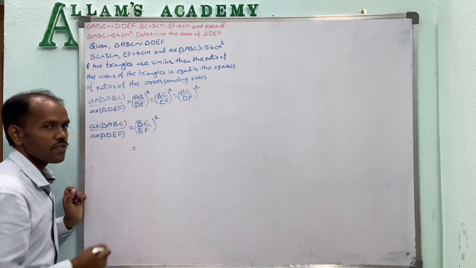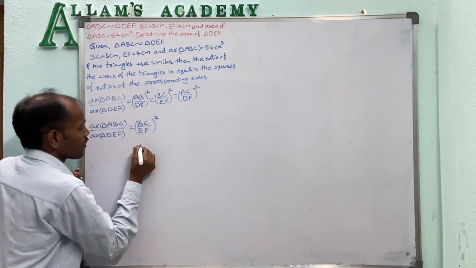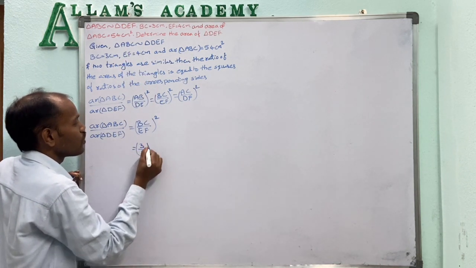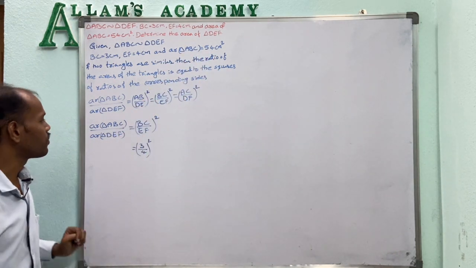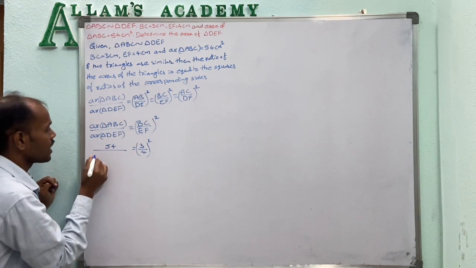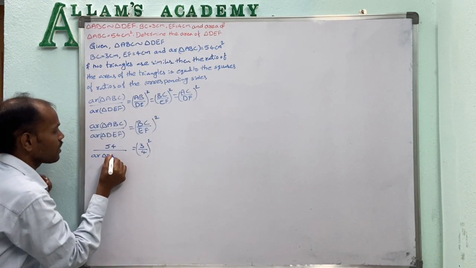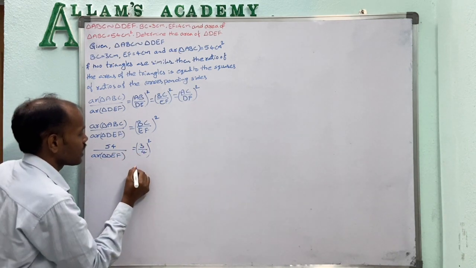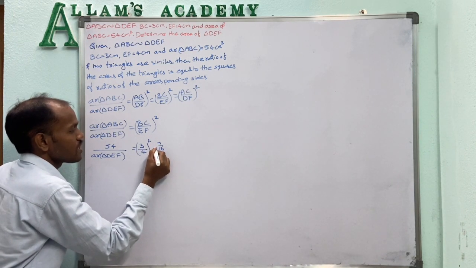Now substituting the given values: BC is 3 and EF is 4, so 3 by 4 whole square equals area of triangle ABC, 54, given, by area of triangle DEF, which we don't know; that is what we are asked to find. So 3 square is 9 and 4 square is 16.